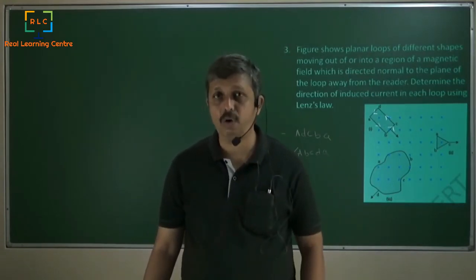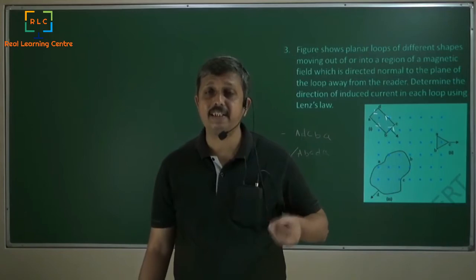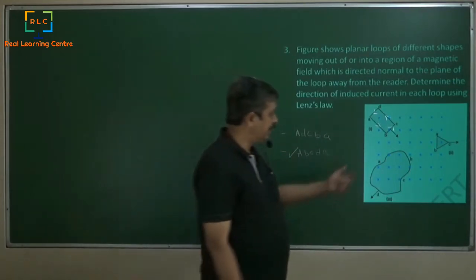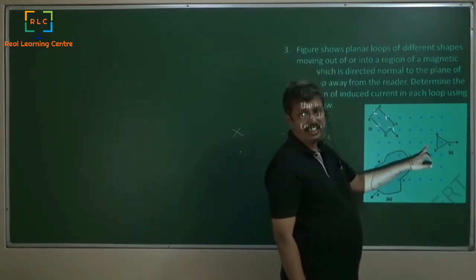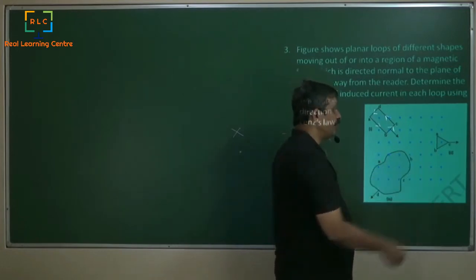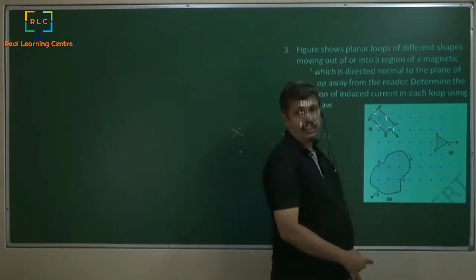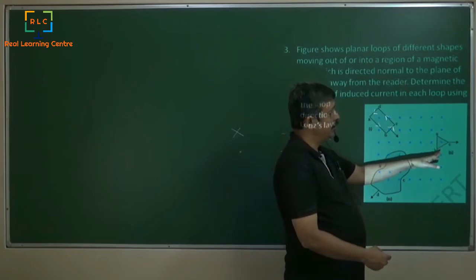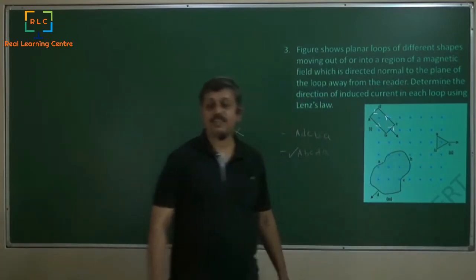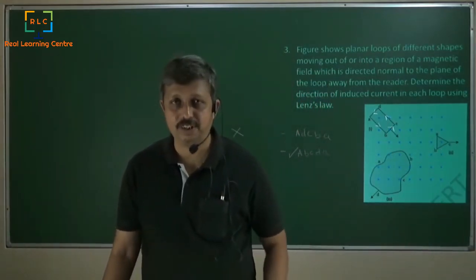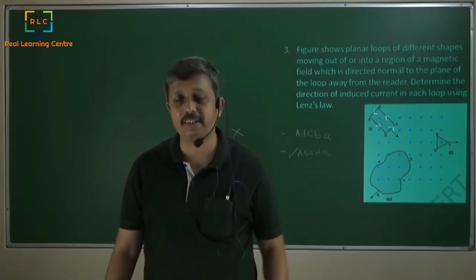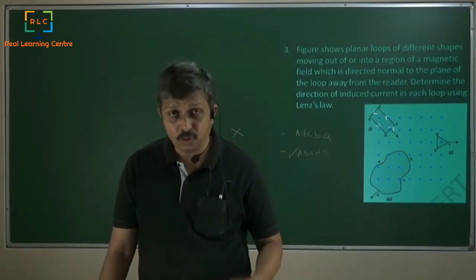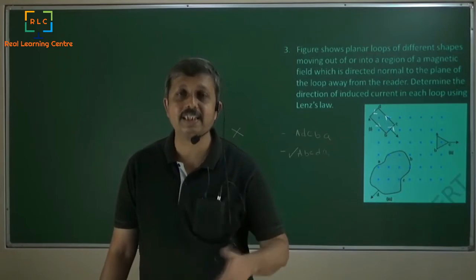How? By adding some extra magnetic field in the direction of the magnetic field which is already there. So if I produce a magnetic field inwards, that would make sure that the magnetic field is not decreased that much. It is opposing the decrease of magnetic field. It is not going to completely compensate for it, but that is the direction.